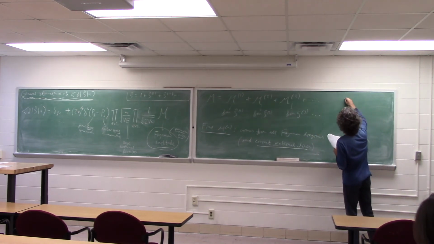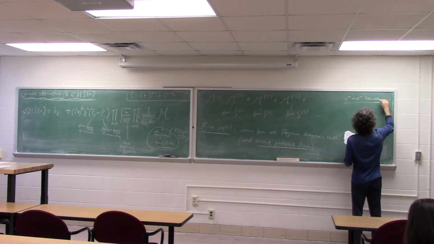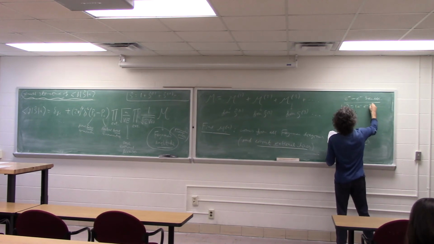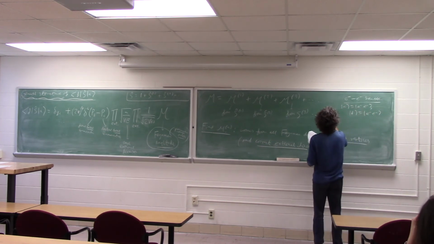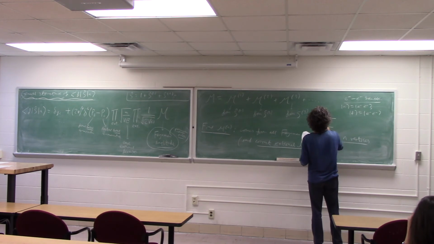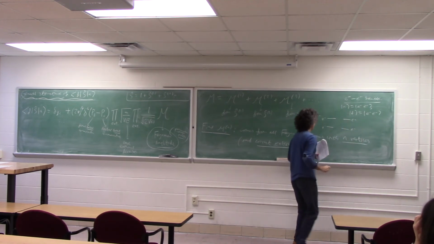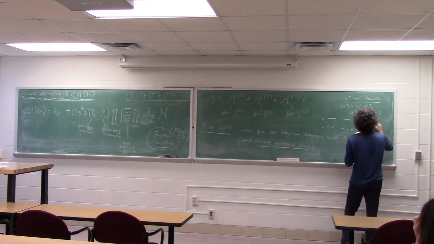Let's say we're interested in electron-electron scattering. So the initial state is an electron, the final state is an electron. I have an electron coming in, an electron coming out, and let's say I'm working to second order.